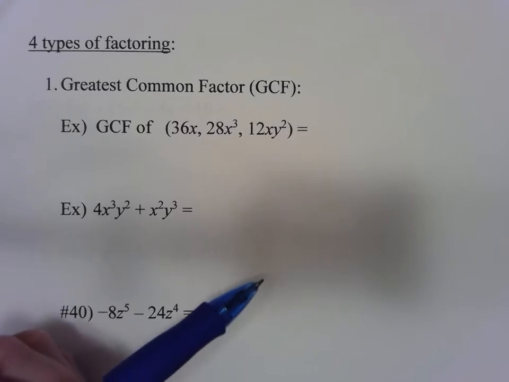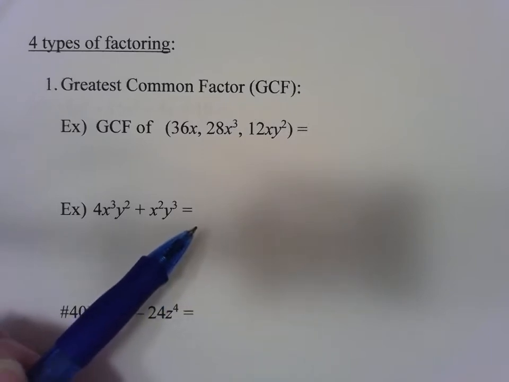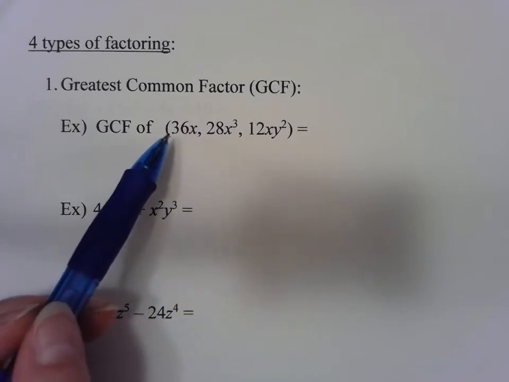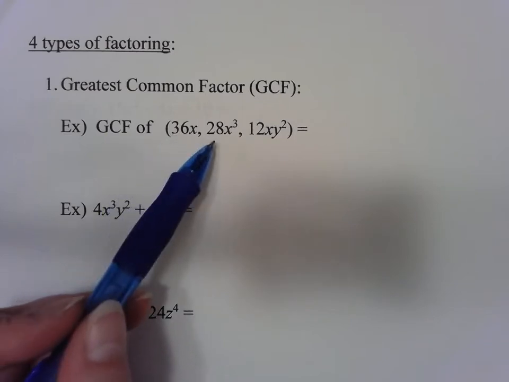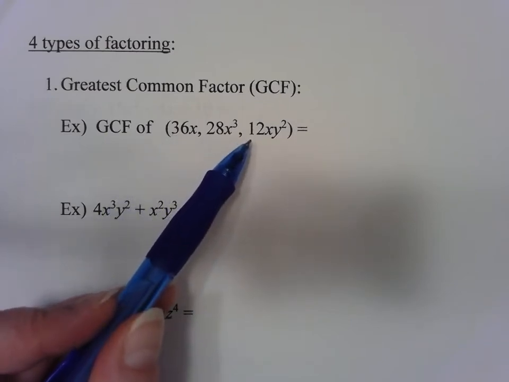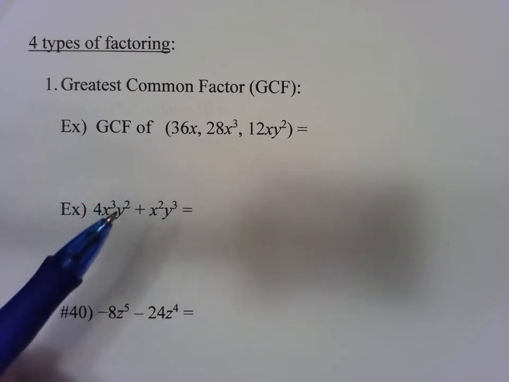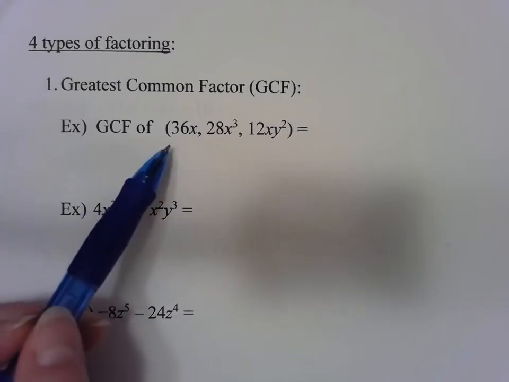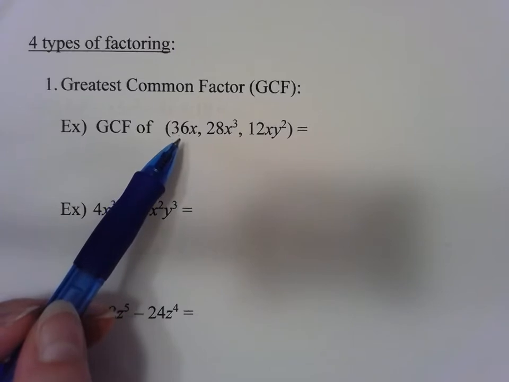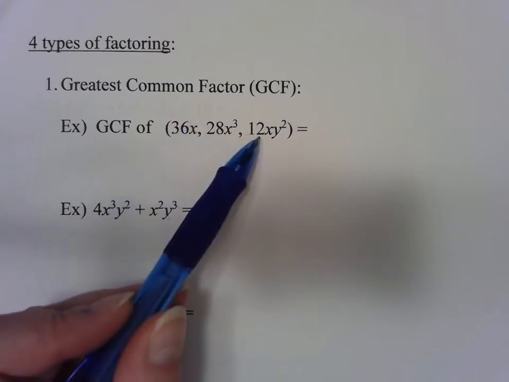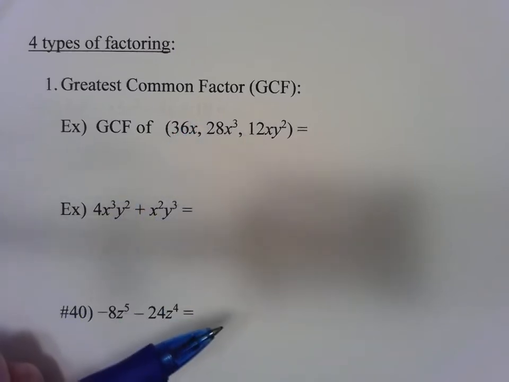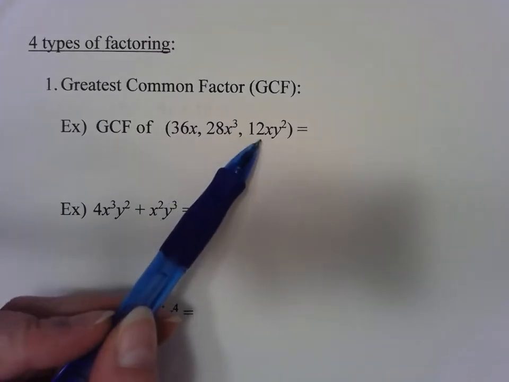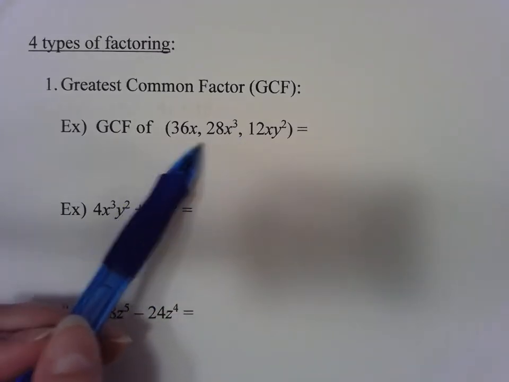We are looking for the greatest or the biggest number that divides into each of these, all three of them, evenly, right? So I want a number that's a factor of 36, 28, and 12, all at the same time. So we could think about that for a minute, right?